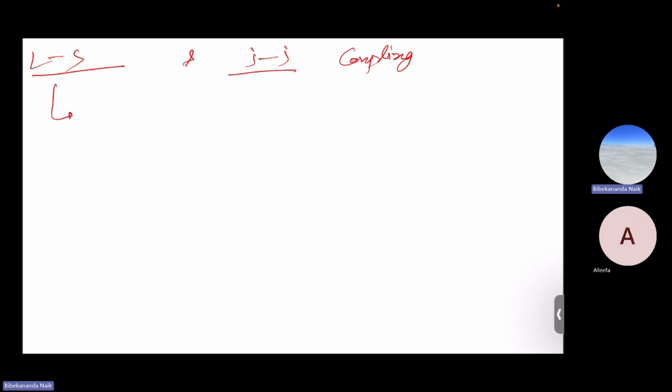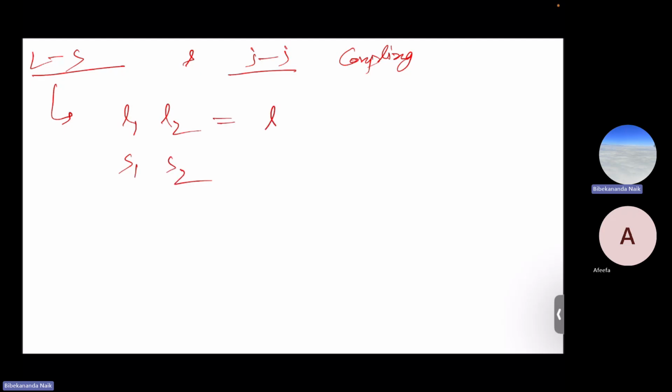LS coupling occurs in case of lighter atoms. So in case of lighter atoms, there are lesser number of electrons. So the interaction between the electrons dominates over the spin orbit coupling. Suppose there are two electrons having orbital quantum numbers L1, L2 and spin quantum numbers S1, S2.